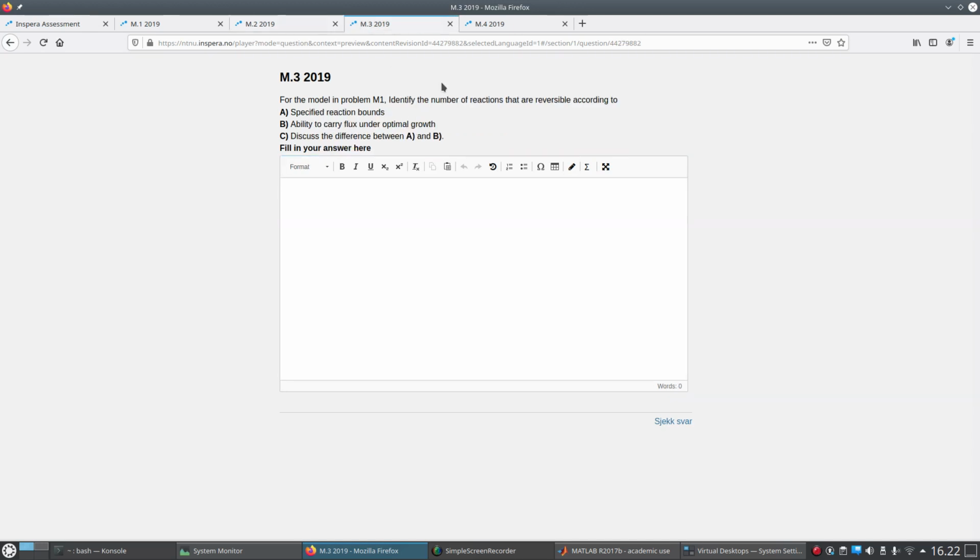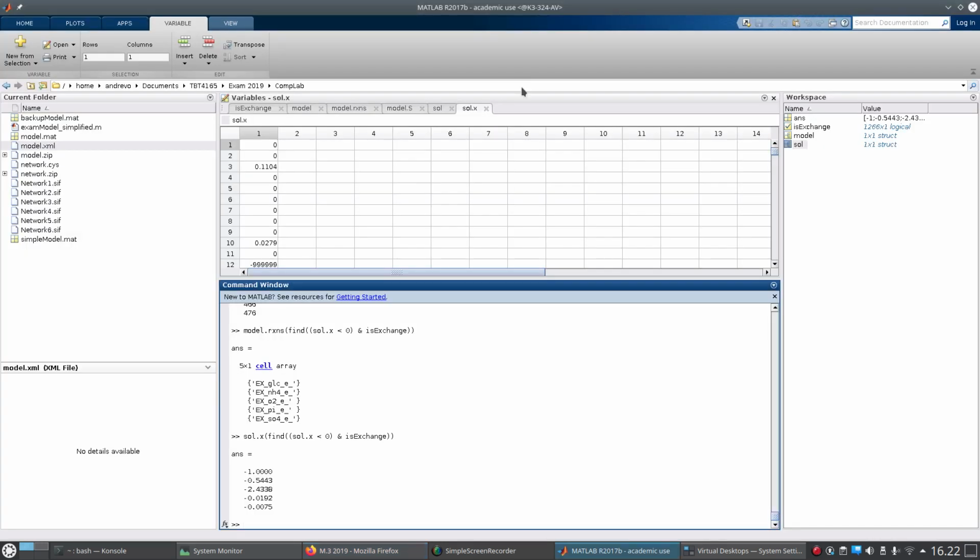So moving on to number 3, we want to find the number of reactions that are reversible, first according to the specified reaction bounds. That means which reactions are generally considered to be reversible. And we can do that by looking at the lower bounds as they're specified in the model.